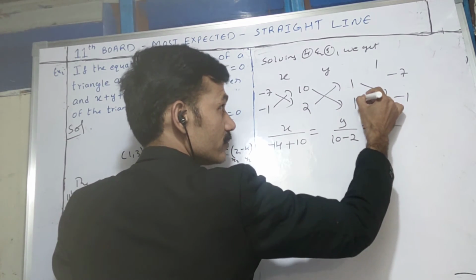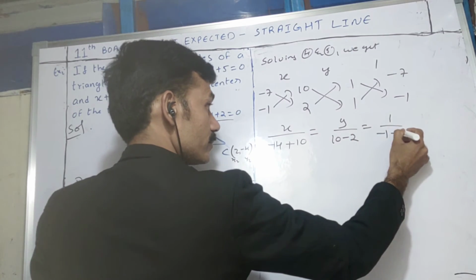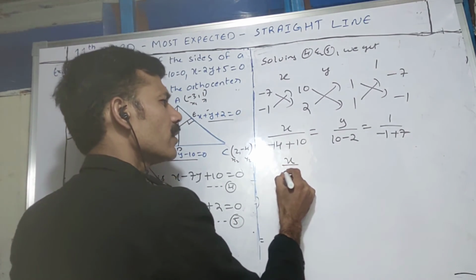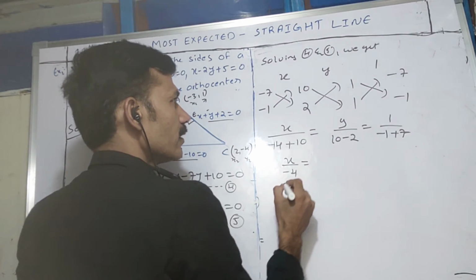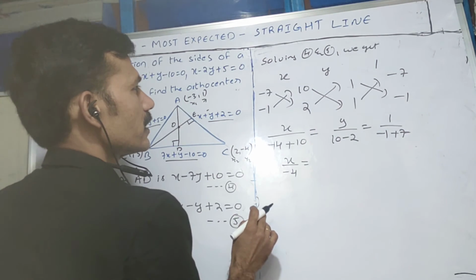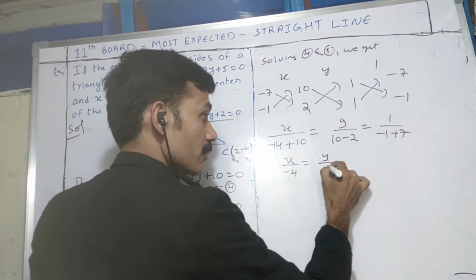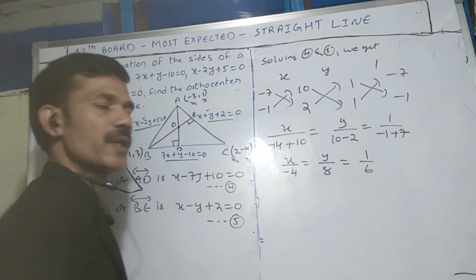Minus 1 minus of minus 7 means plus 7. So here we are going to get x upon minus 4, from minus 14, yes, correct. Next, y upon 8 we will get, and here 1 upon 7 minus 1, 6 we are going to get.